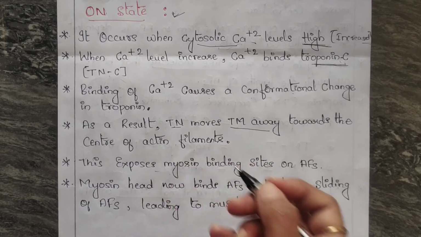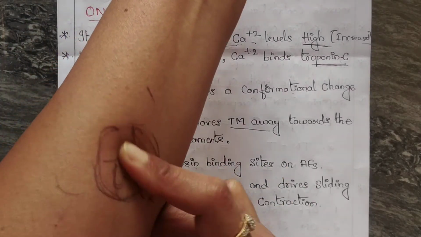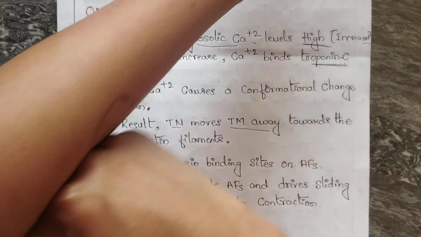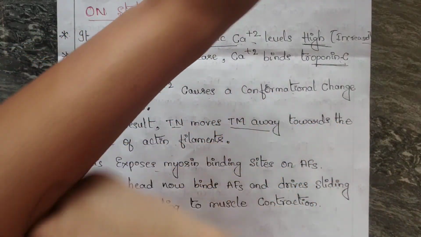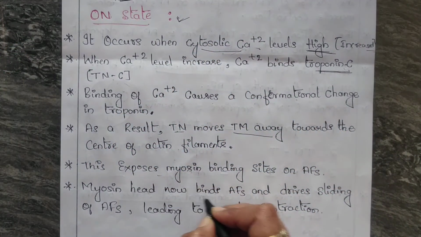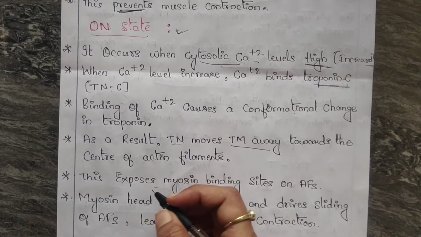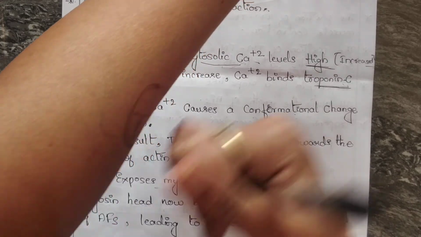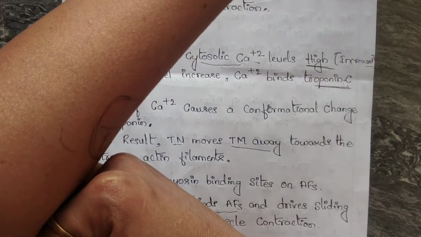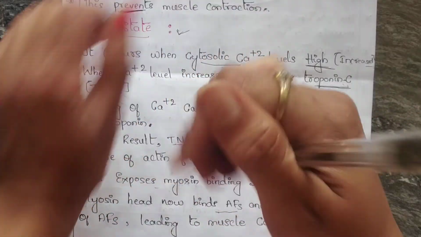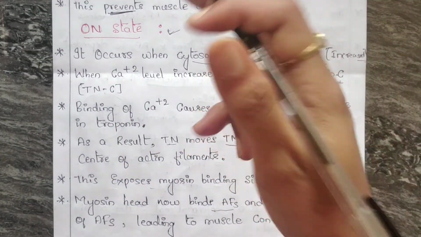This exposes the myosin binding sites. Then myosin comes and binds to the actin filament. Thus the myosin head now binds to actin filaments. Then there is an interaction between the myosin head and the actin filament, like it will go to the first conformational state, then the second conformational state, then power stroke, then ATP.